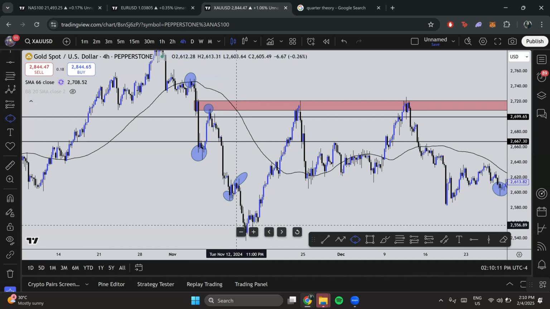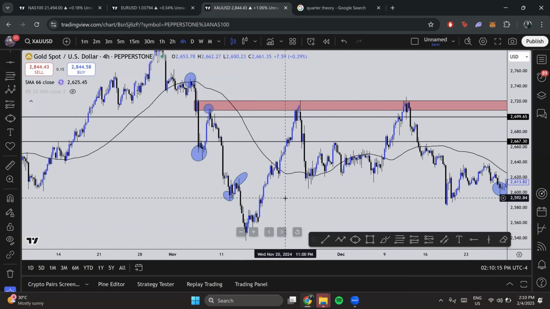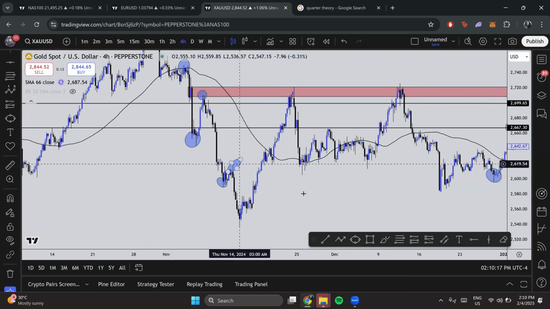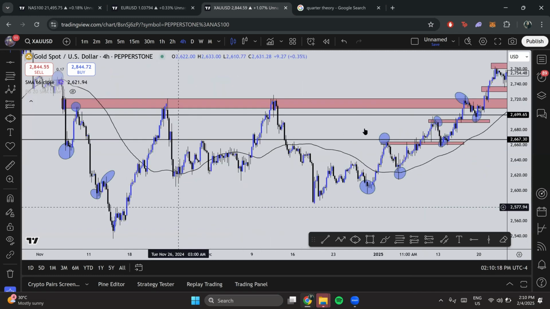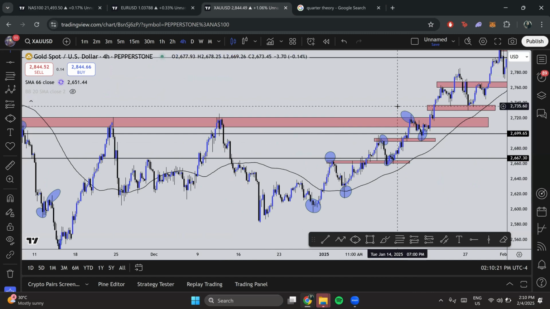So when the market is trending downwards, you sell. When the market is trending upwards, buy. This is something very key to my style of trading.